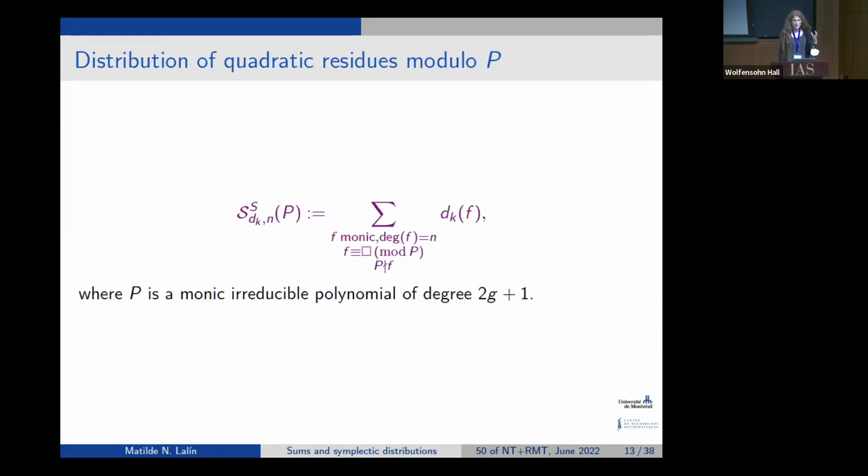So then the problem we considered was the sum of the divisor function going over f a square modulo p. So we fix a monic irreducible polynomial of degree 2g plus 1. And we are going over f congruent to a square mod p.